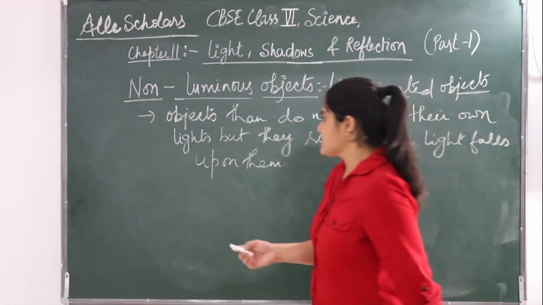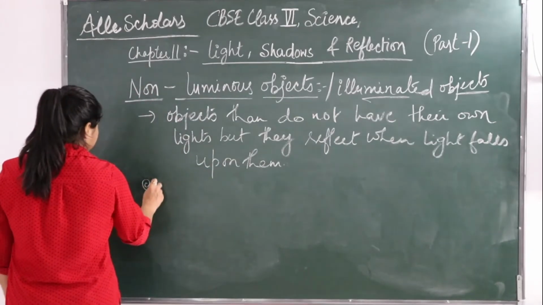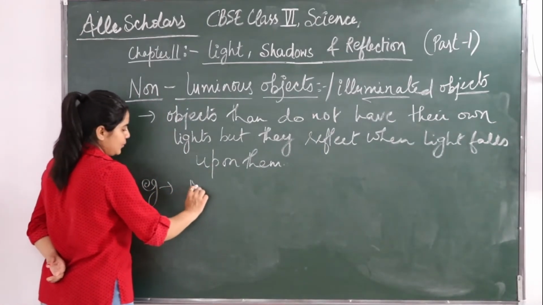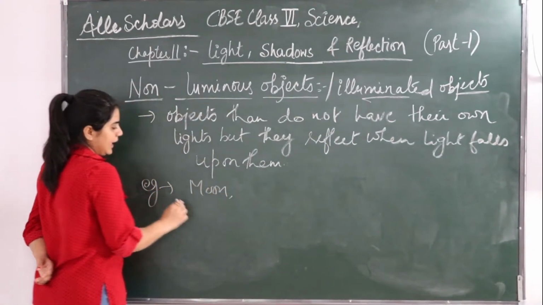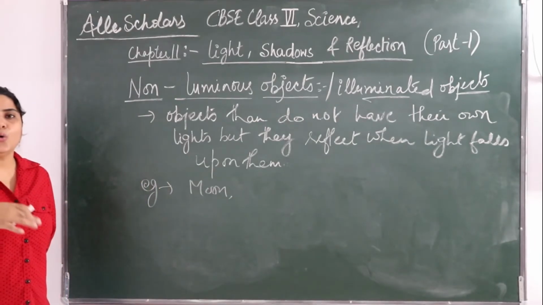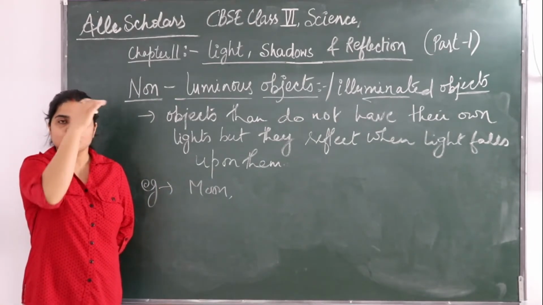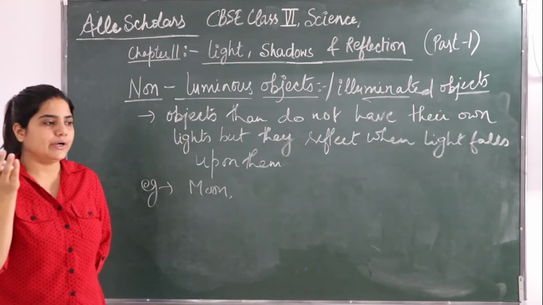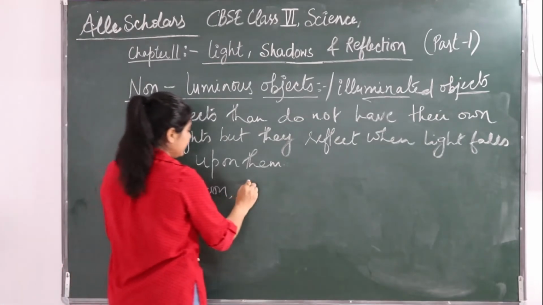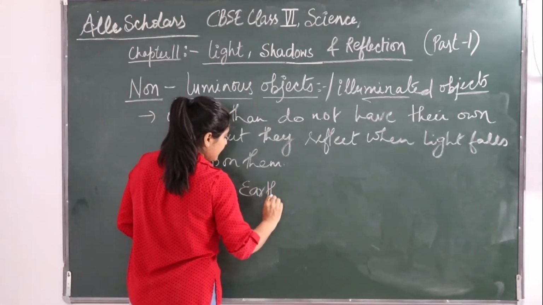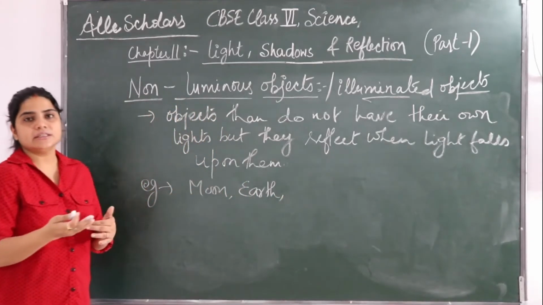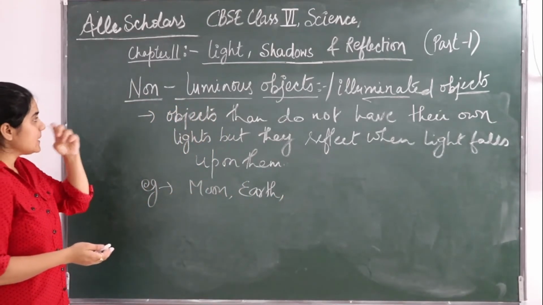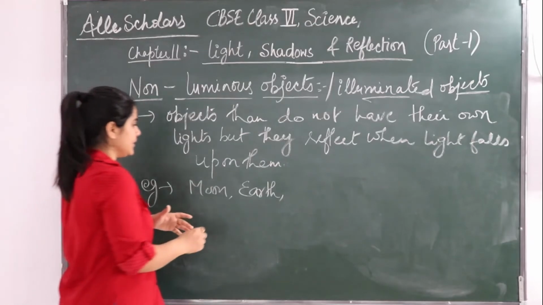If you see examples, the first very good example is the moon. I will be explaining in detail how the moon shines, which light falls on it and how it reflects light. Our earth, we are able to see our earth and other planets because the light of the sun falls on it.